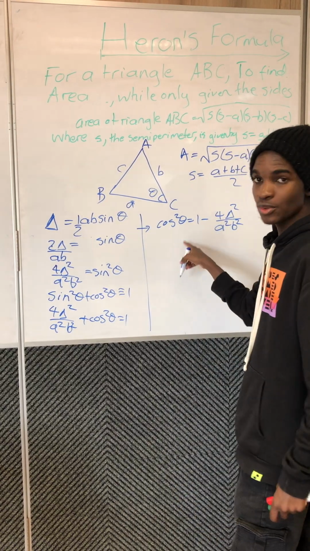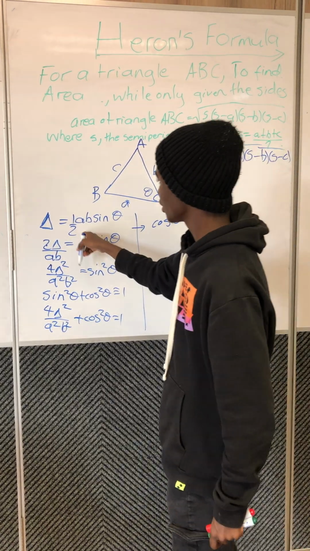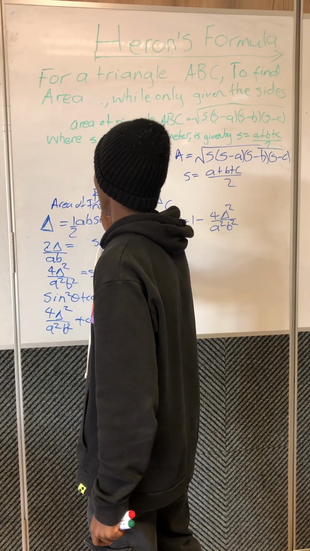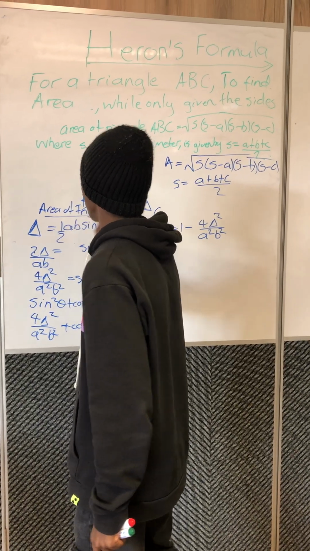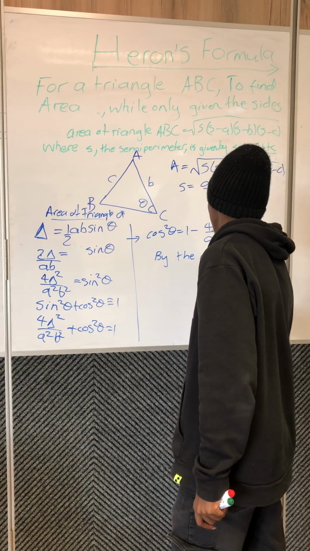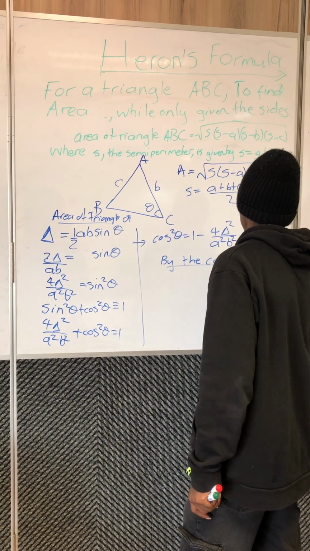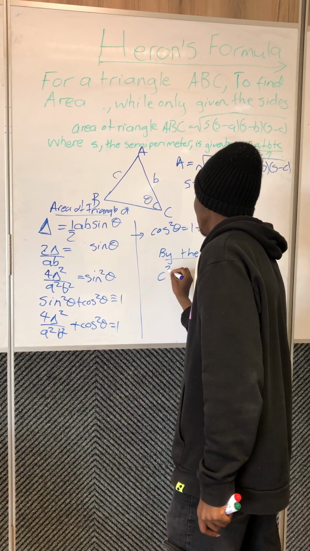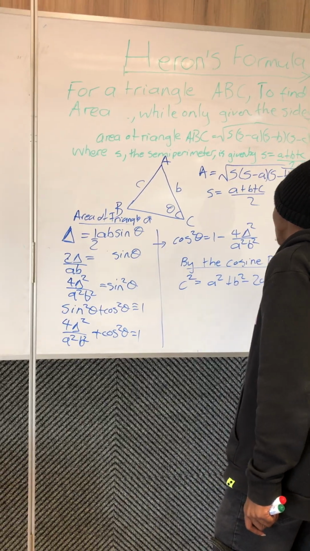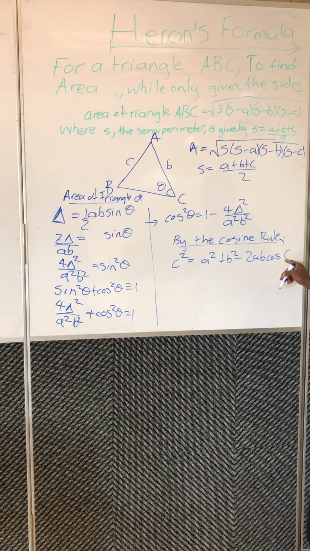And from this which we have gotten here, we are going to use cosine. So this was the area of a triangle. Now, by the cosine rule, we are supposed to know that C squared is equal to A squared plus B squared minus 2AB cosine C, and C is going to be our angle.